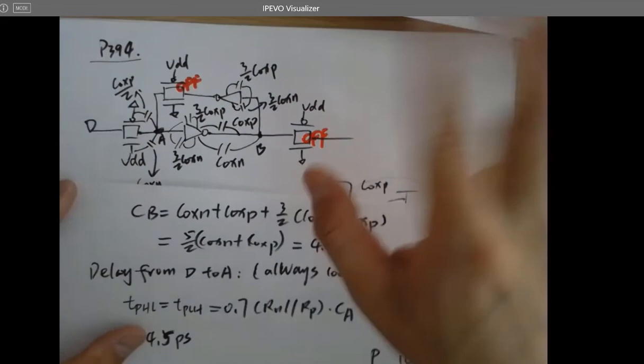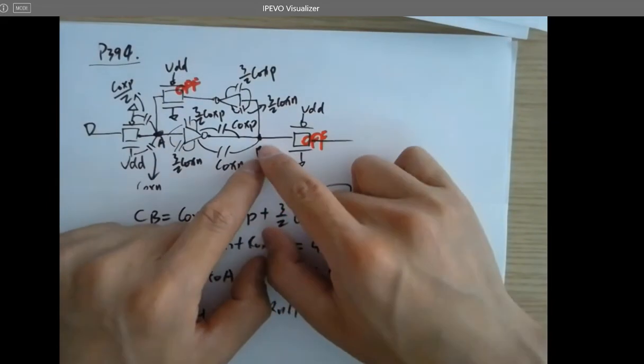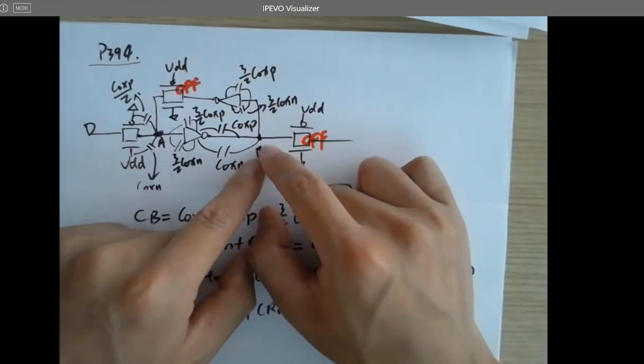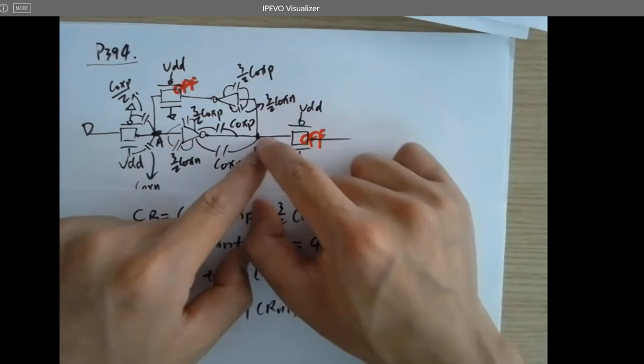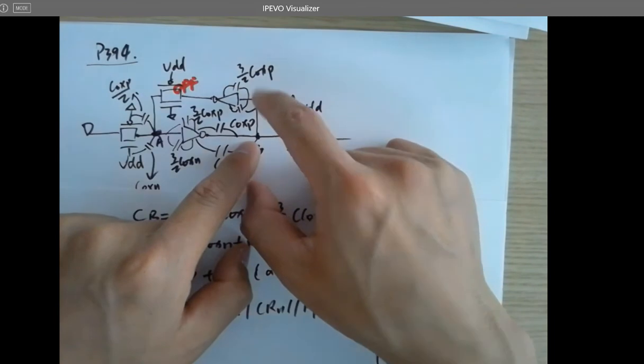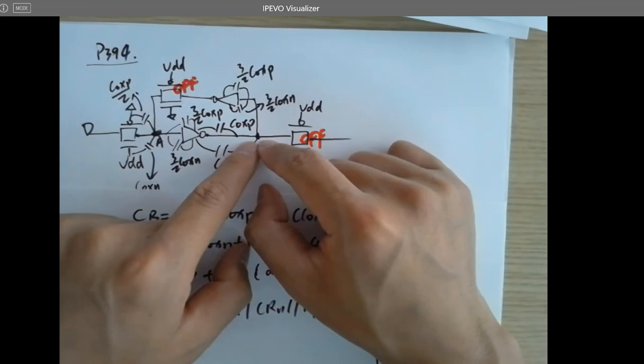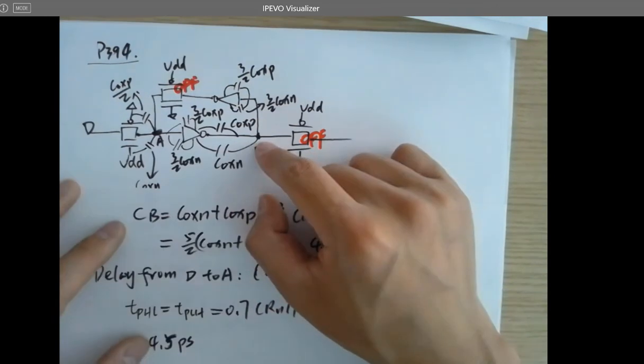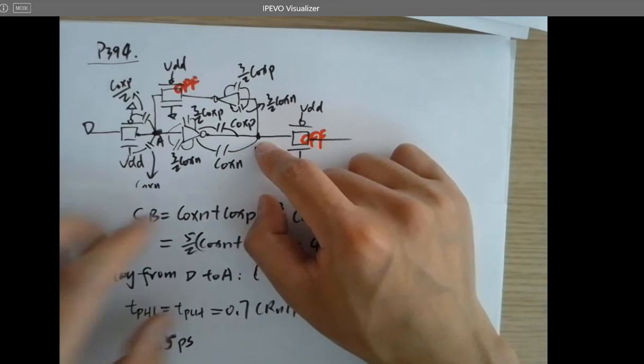Right now we are looking at the time delay for point B. Whenever this point is rising, the current is running through the PMOS, so we need to use Rp to calculate the time delay. It's 0.7 Rp times CB. Whenever we are calculating TPHL, it's from high to low, so it's discharging the point to the ground.